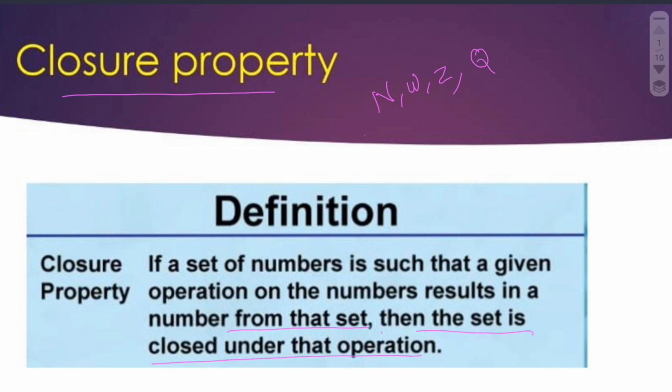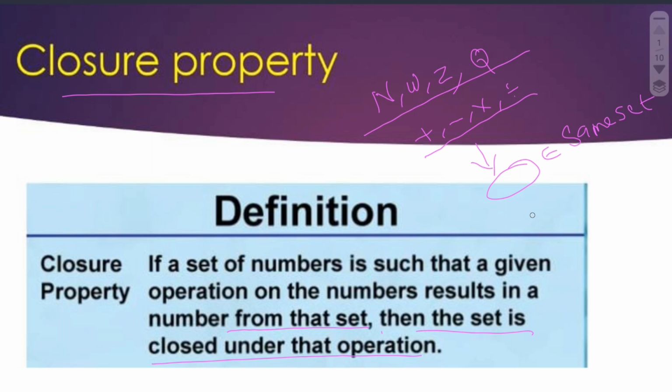If we do any arithmetical operation like addition, subtraction, multiplication or division on these sets of numbers, the resulting number should belong to the same set. Then we can say this property is satisfied under these operations.